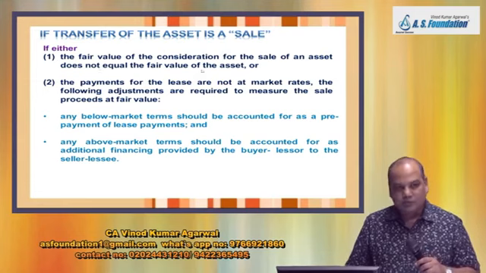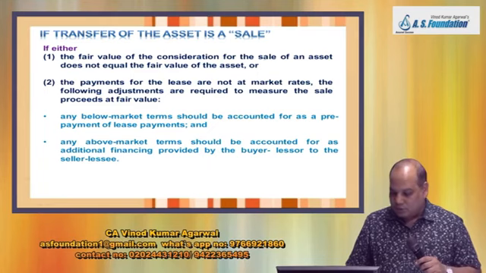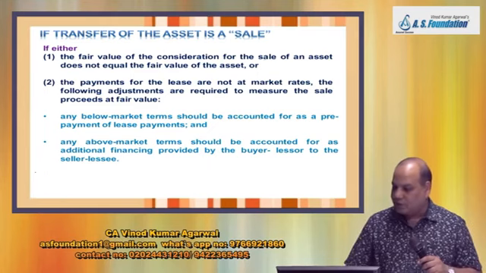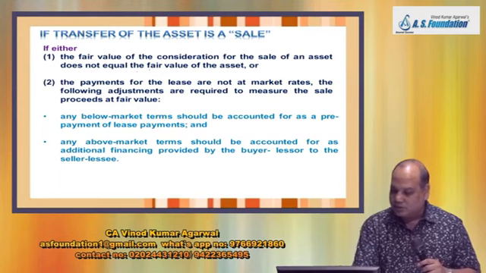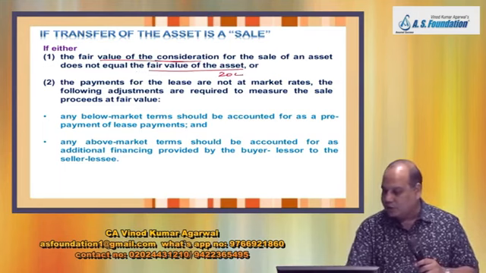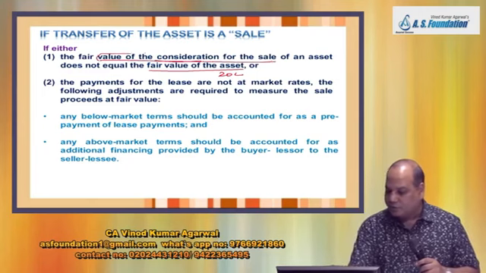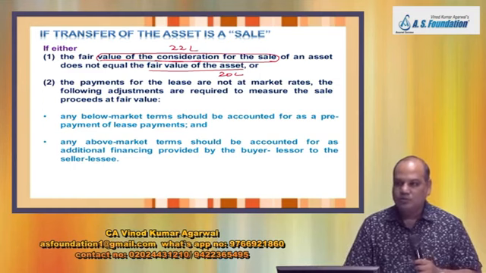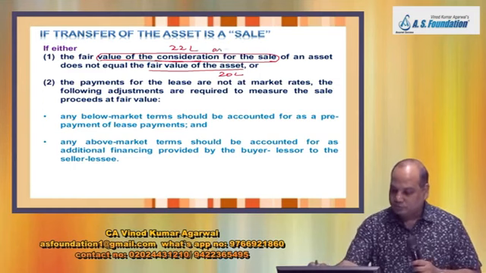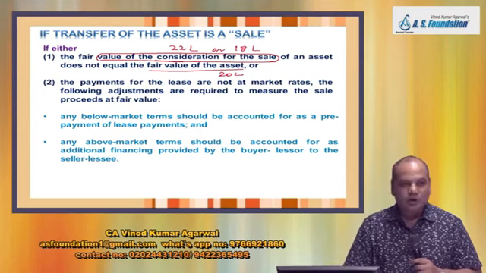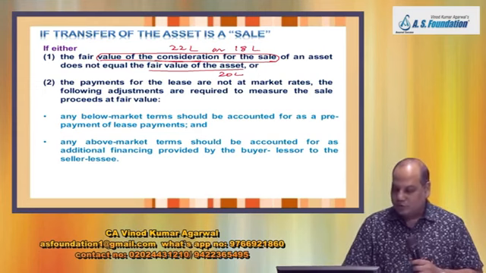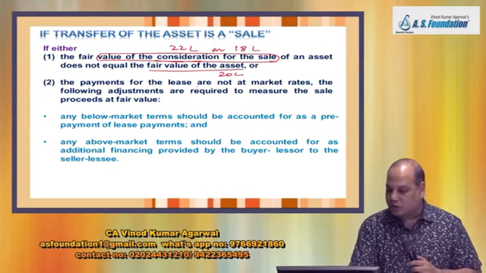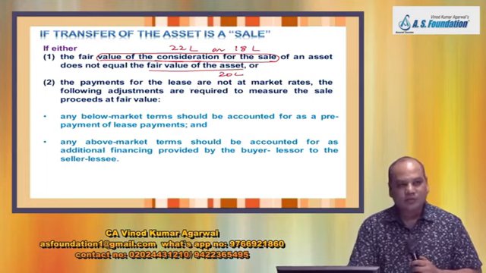So if the fair value of the consideration for the sale of an asset is not equal to the fair value of the asset, I told you one example: fair value of the asset in the market is 20 lakh, but the fair value of the consideration received from the buyer is 22 lakh, or it may be 18 lakh, 17 lakh, or the payment for the lease is not at market rates.